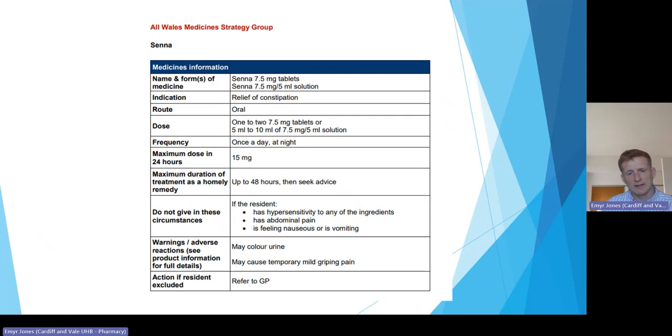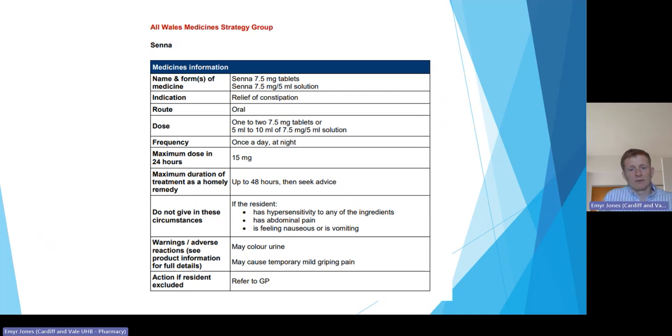This is to support care workers who are clearly limited to making only supported decisions. So this homely remedies policy provides a framework to allow administration of these medicines to all residents, but within a defined situation. And we can define which patient group should or shouldn't be given a specific product.